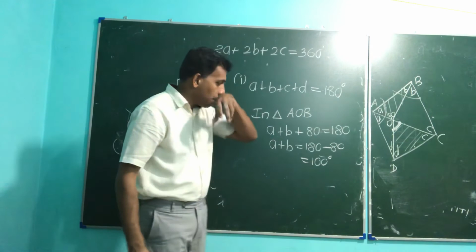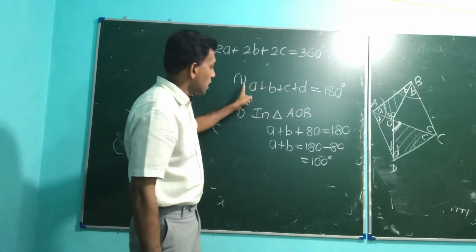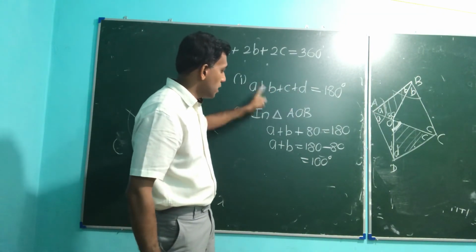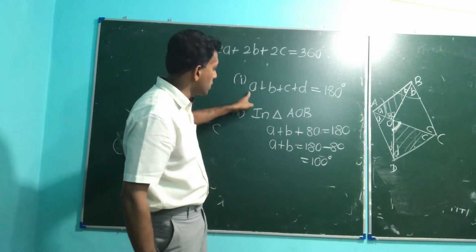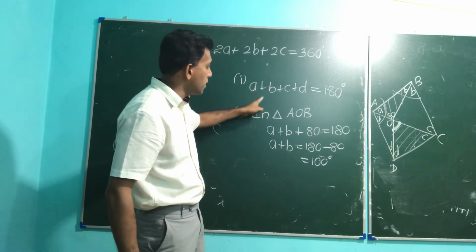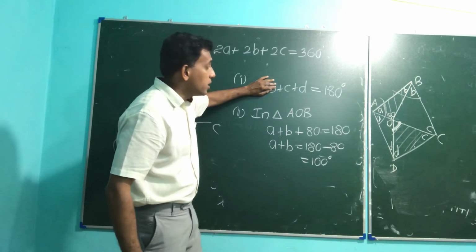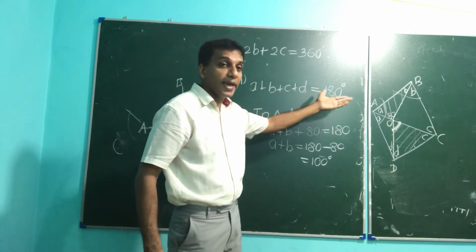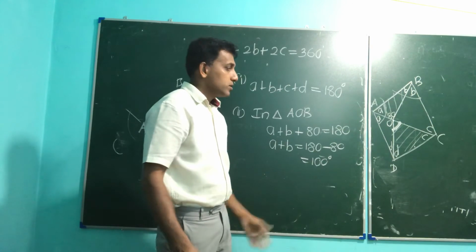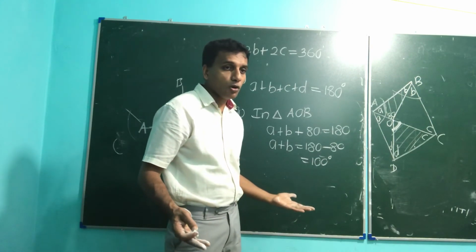So what's another method? See, come to this. Here see, A plus B is 100. Therefore C plus D is 80. So you can't say 100. Very important. Don't misuse.